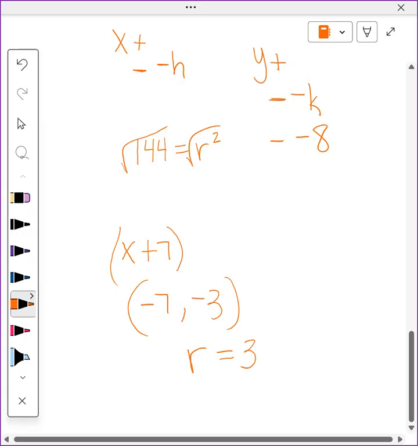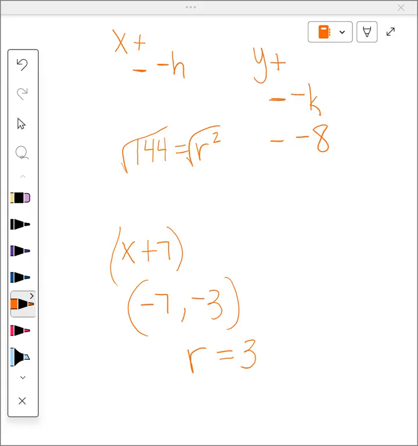So we're going to drag the center to the point -7, -3, and then drag your radius out 1, 2, 3 units. How do we feel about that? Do we feel good about that?